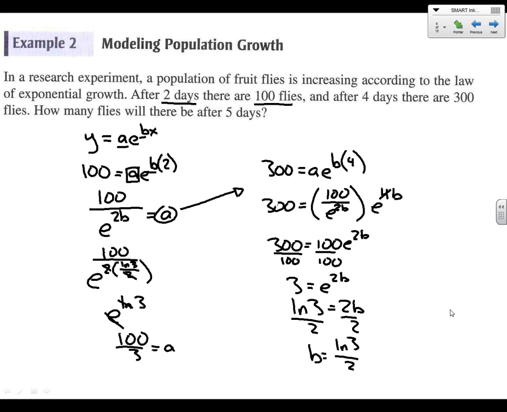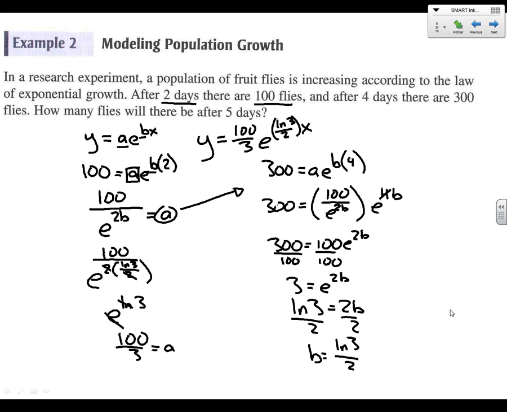All right, so we have our a, we have our b. We can go back and write our final equation. y equals 100 over 3 e to the natural log of 3 over 2 x.